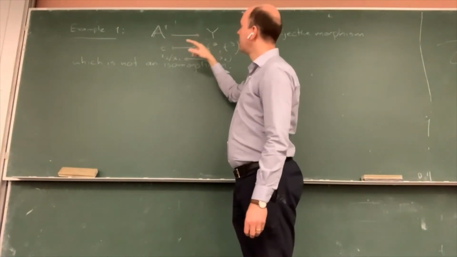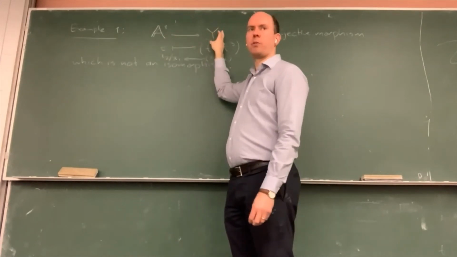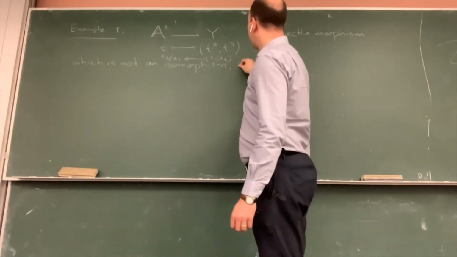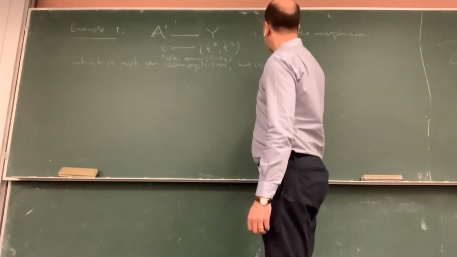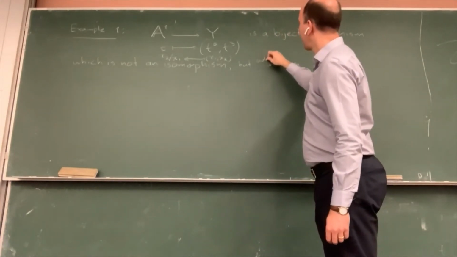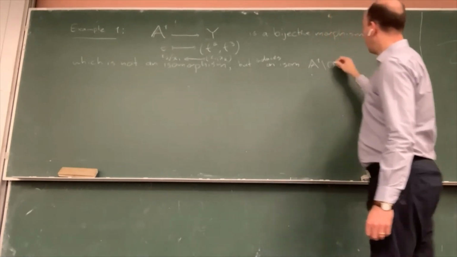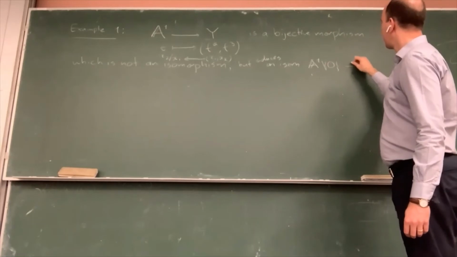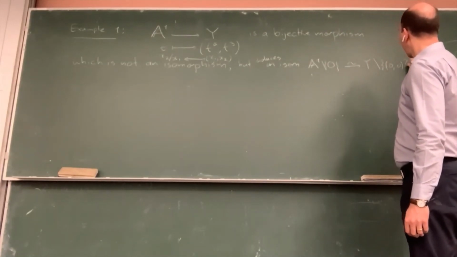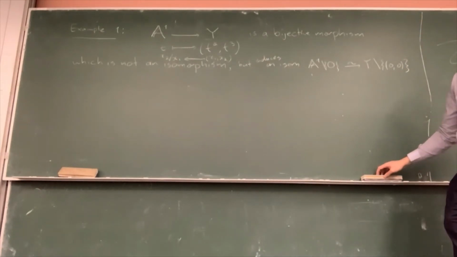It's not an isomorphism as we saw, but it would be an isomorphism if you removed the singular point from Y and the point 0 from A1. So it's not an isomorphism, but it induces an isomorphism between this open set of A1 and the corresponding open set of Y. So that satisfies these conditions.